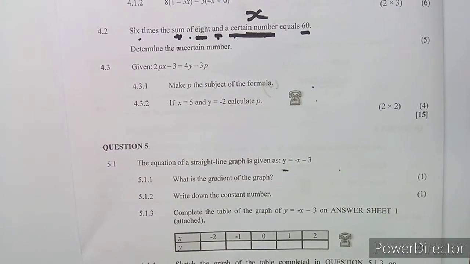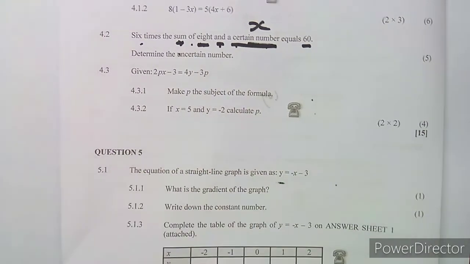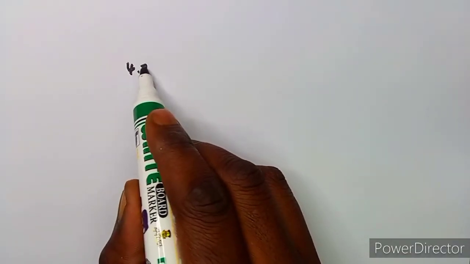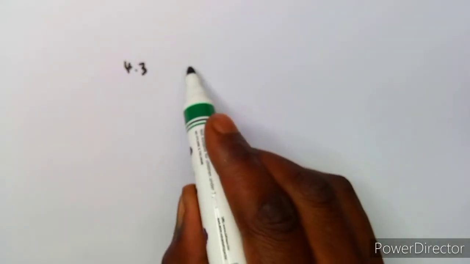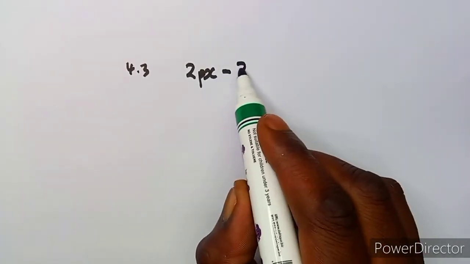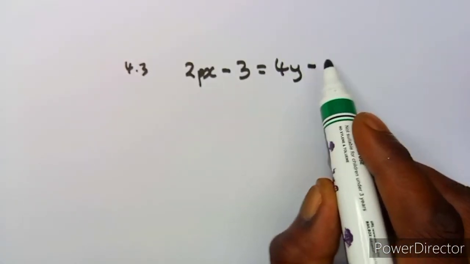Okay, another question, still on question 4. We have 4.3, where we are given an equation. Let me write it and see what we are asked to do. It is 2px minus 3 is equal to 4y minus 3p.